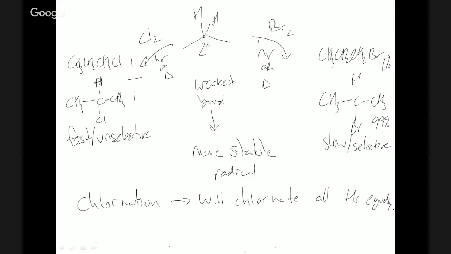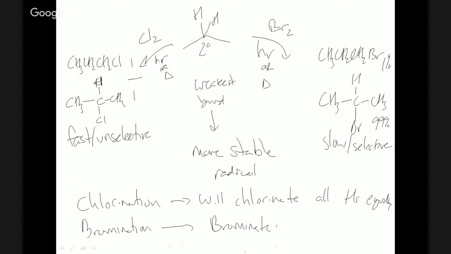Okay, I'm going to give you some take-home messages. Chlorination chlorinates everything equally. Okay, bromination is much more useful. It brominates selectively because it's endothermic, because the secondary or tertiary radical is more stable. We can use the Hammond postulate to understand that.